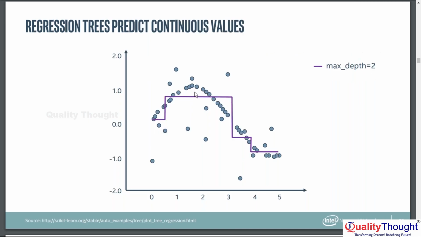Based upon the maximum depth, you can pick the data points which are going to be the continuous values.